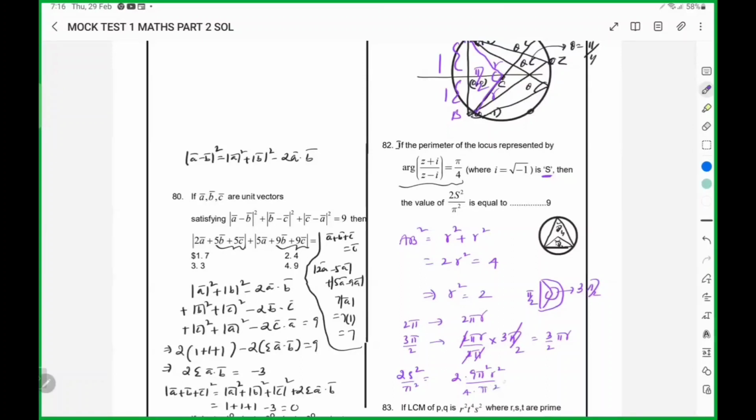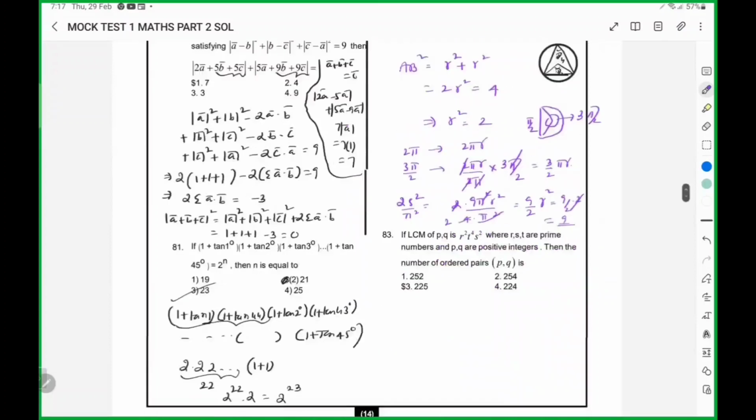So pi square gets cancelled, giving 9 by 2 r square. Already r square we got as 2. So the answer is 9.